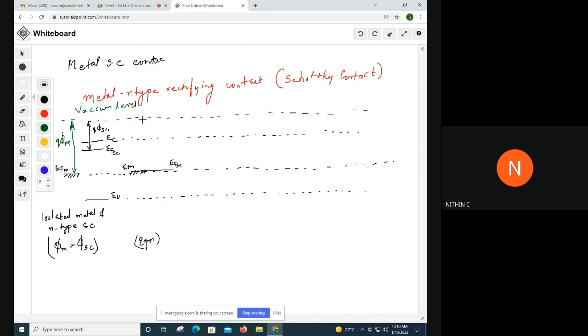And since there is a depletion layer that I am drawing initially, since there is a semiconductor, we are having a depletion layer. So equilibrium case, and we are representing it as W naught. So EFSC and EFM will lie on the straight line.